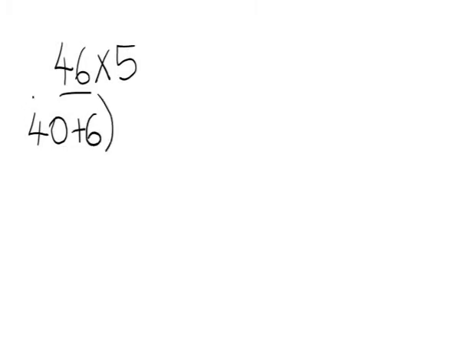Okay, both these numbers now must be distributed and multiplied by 5. Now we call it the distributive method because we are distributing 46 into two different numbers, 40 and 6. And we are sharing this by the rule multiplied by 5.